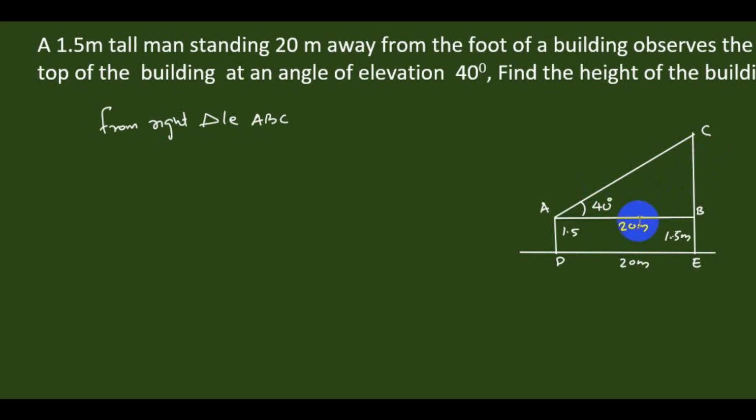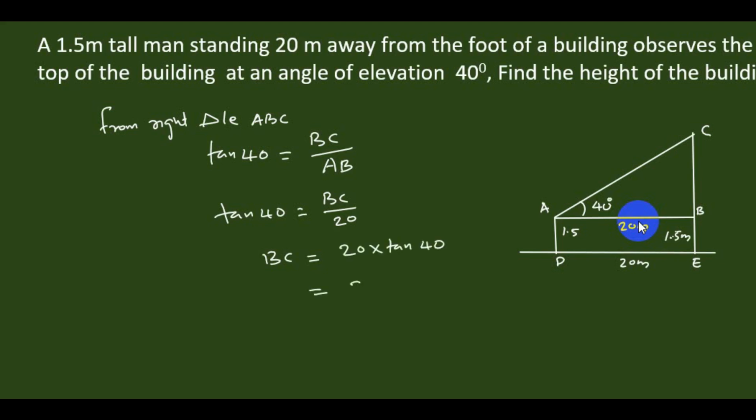So we can write tan 40 is equal to BC by AB. AB is 20, we know. BC is unknown to us. Therefore BC is equal to 20 into tan 40.